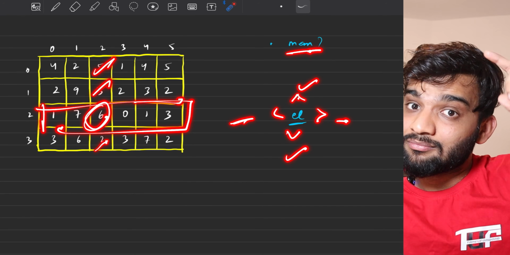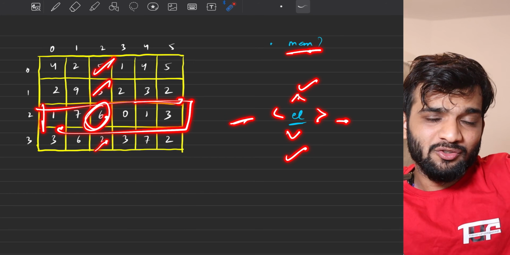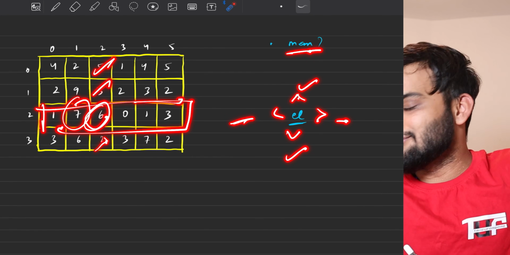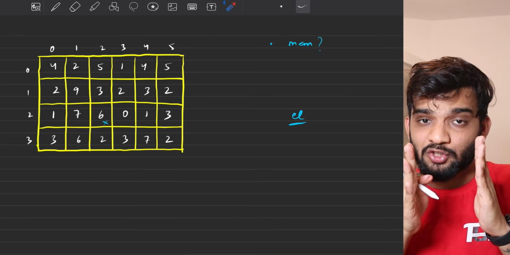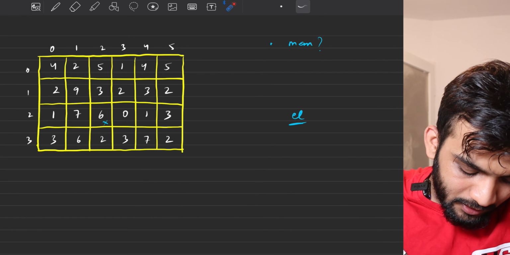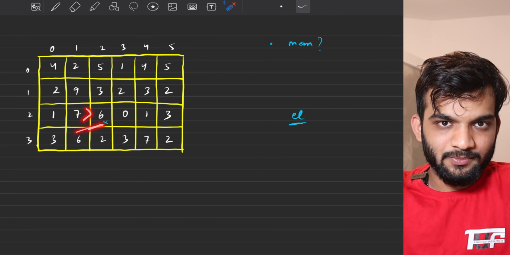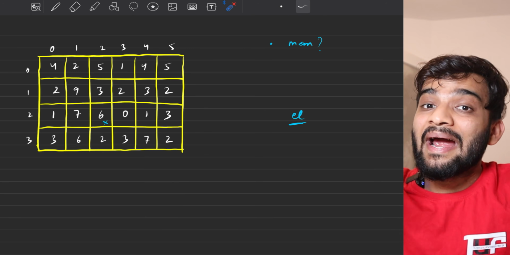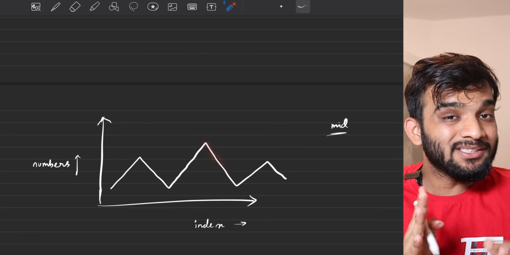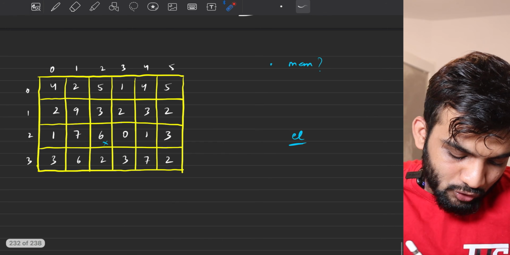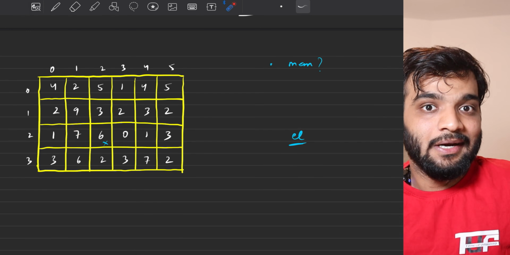Got it? Now the second question comes in. But then how do you manage 7? Because it has a vertical alignment as well. This is what I'll now explain. Tell me one thing. If 7 is greater than 6, I'm saying 7 might be my peak according to the intuition. Thereby I'm going left. 7 might be my peak, but 7 is not. There's someone, 9, which is greater.